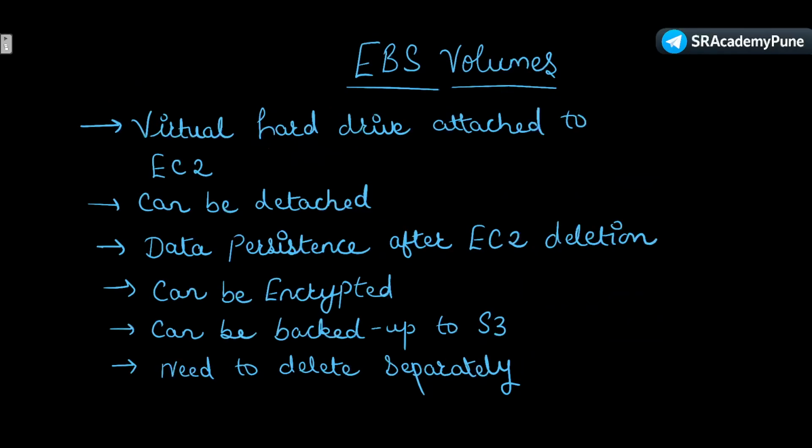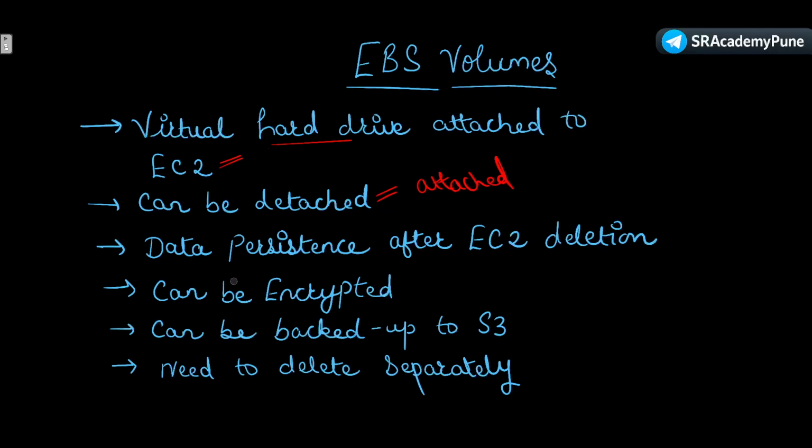Think of your laptop, and think that you connect a 1 TB or 100 GB hard drive to your laptop. Similarly, an EBS volume is a kind of virtual hard drive that you connect to an EC2 instance. Just like your hard drive, it can be detached from one instance and attached to another instance.